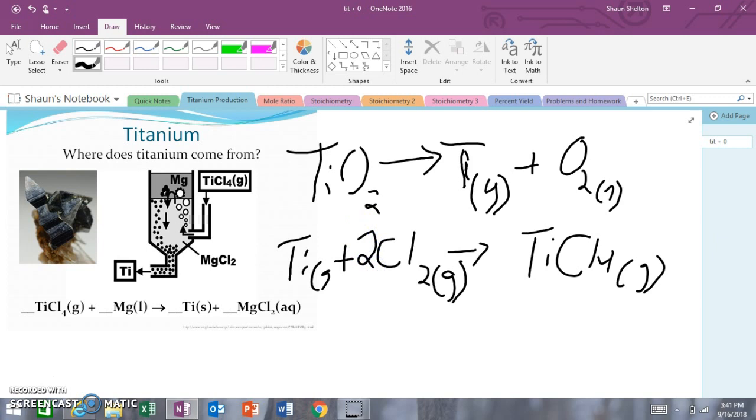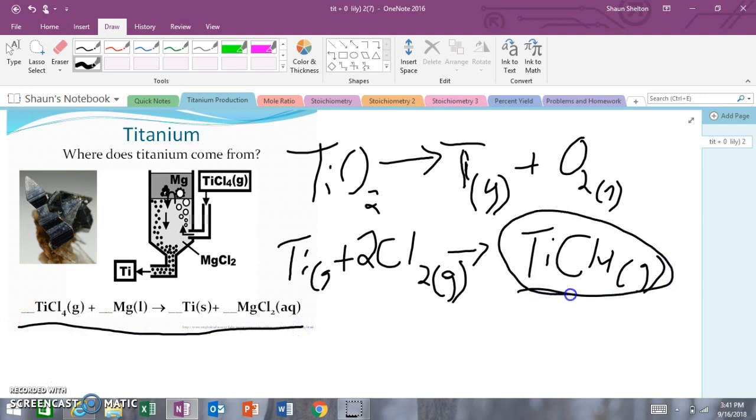Now the last process, which is actually shown here, we're going to take TiCl4, which is what this compound is called. This is called Tickle. And we're going to react it with magnesium to form titanium plus magnesium chloride. So this titanium tetrachloride is bubbled into this reaction vessel here.